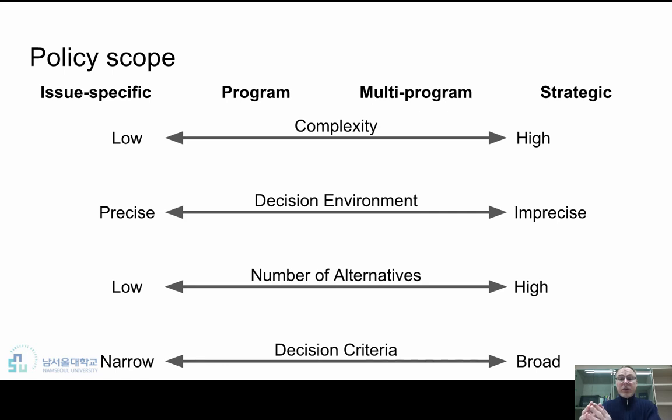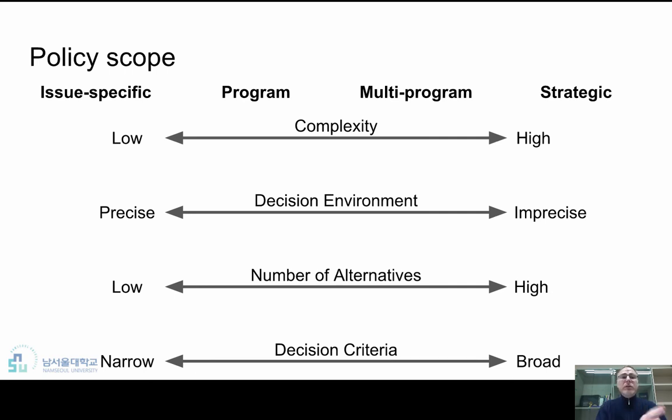Whereas if you're looking at strategically important policy problems, then you probably need to look at a high number of alternatives to make sure that you've done enough research and you have strong enough due diligence to determine that you have the right solution among your alternatives.